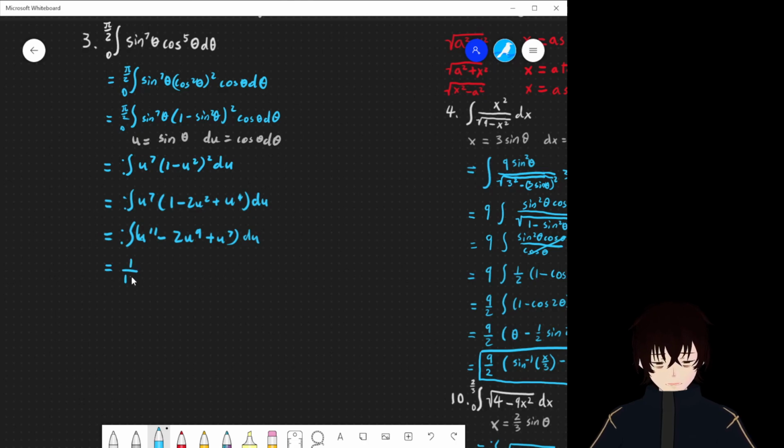1 over 12 u to the power of 12 minus 2 over 10, so 1 over 5 u to the 10th power plus 1 over 8 u to the 8th power, if that's right.